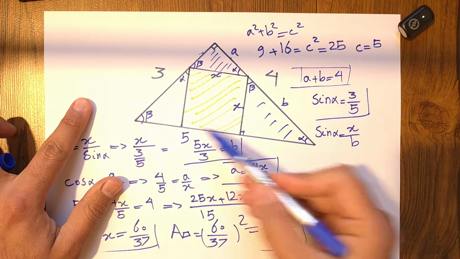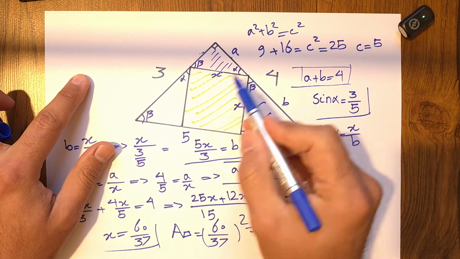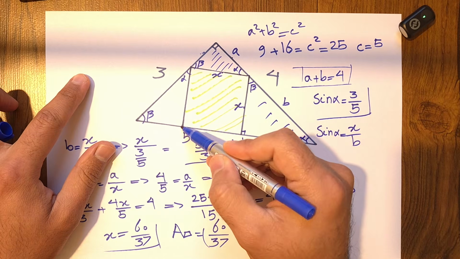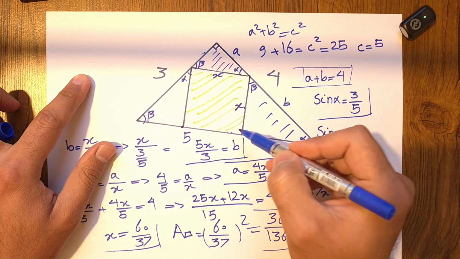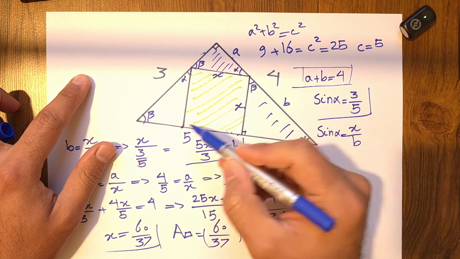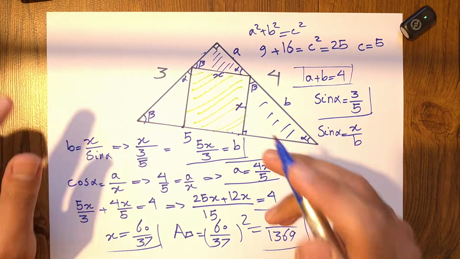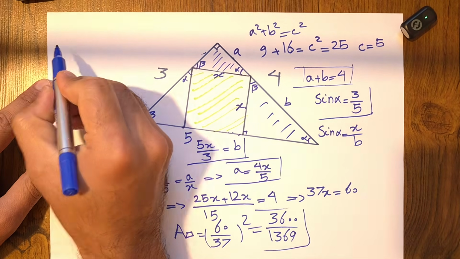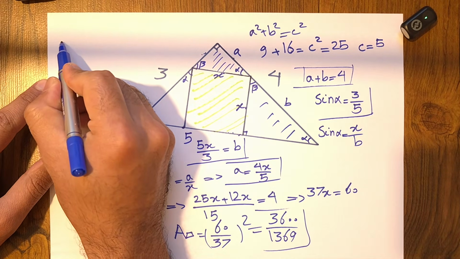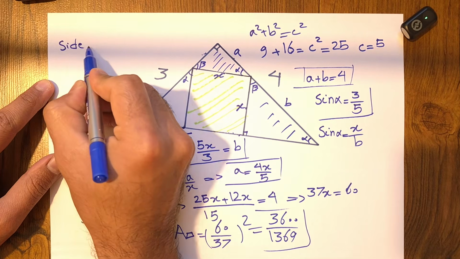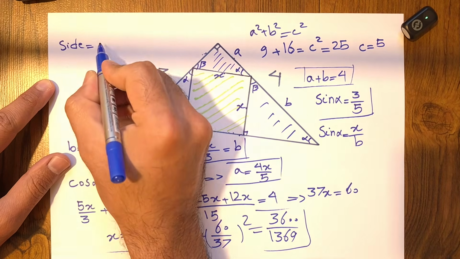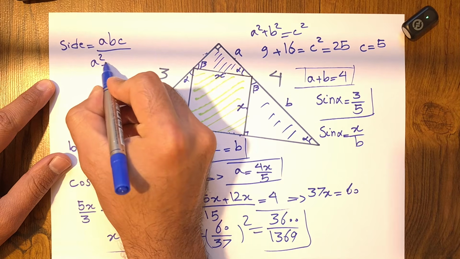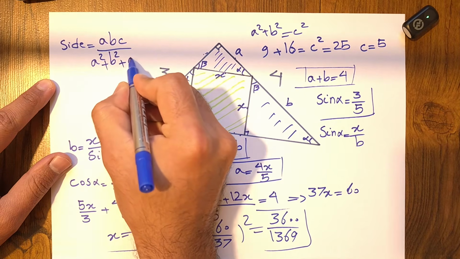So whenever we have a right triangle here, and then we have a square inscribed inside with one of the sides of the square exactly on the hypotenuse of this triangle, then we can write down the side of the square. There's a formula for that, equals ABC over A squared plus B squared plus AB.